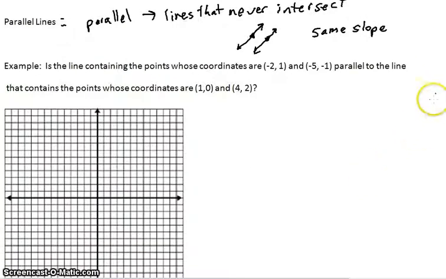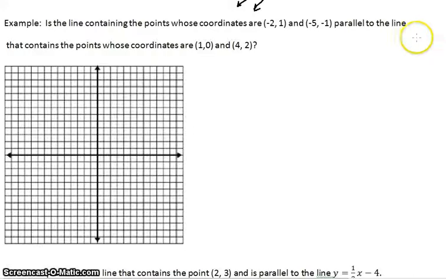So the first example is one that has 2 points and another line that has 2 points. It says, is the line containing the points whose coordinates are these right here parallel to the line that has these 2 points? So we have these 2 points here, -2, 1, and -5, -1. So we have this line here.